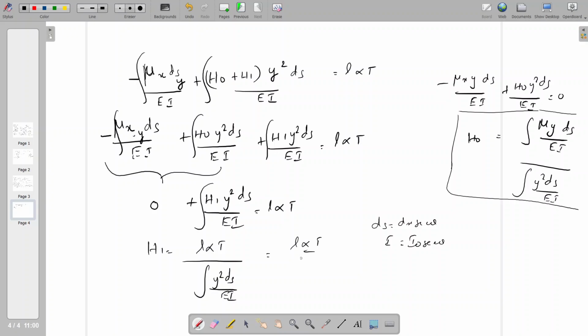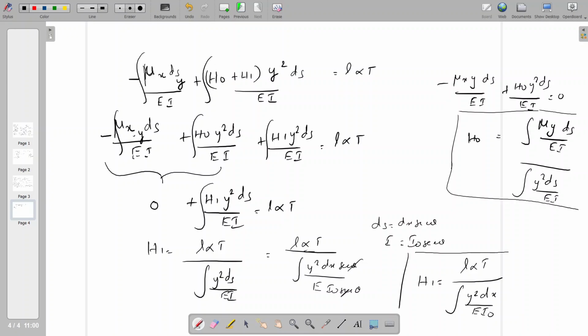L alpha T by the integral of y square dx secant theta by E I0 secant theta. So secant theta will be cancelled. So H1, the additional horizontal thrust due to the temperature change, equals L alpha T divided by the integral of y square dx by E I0.